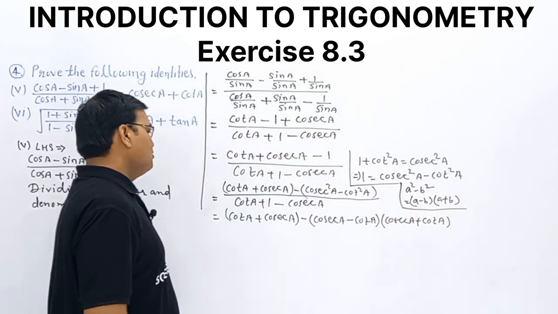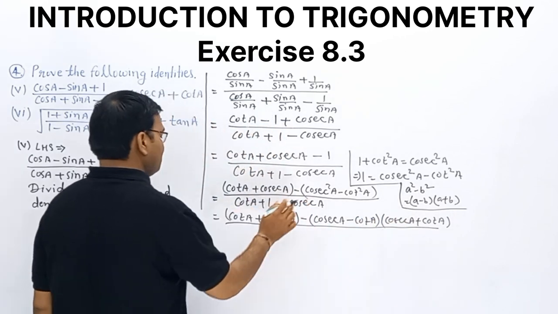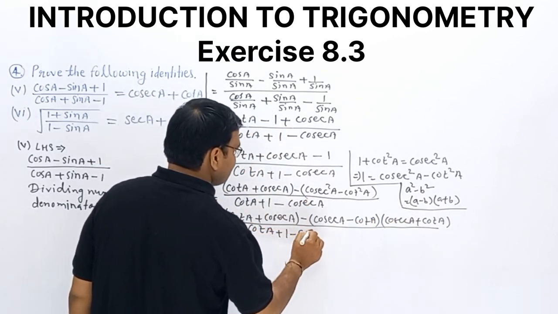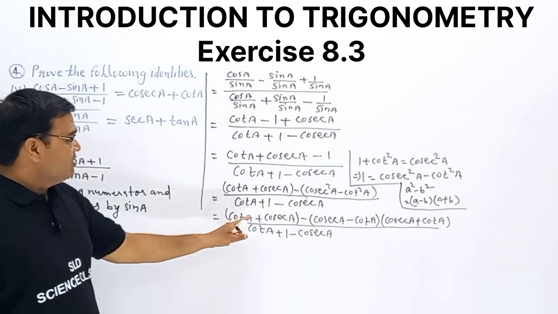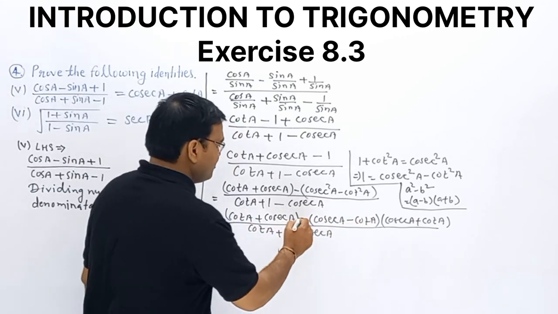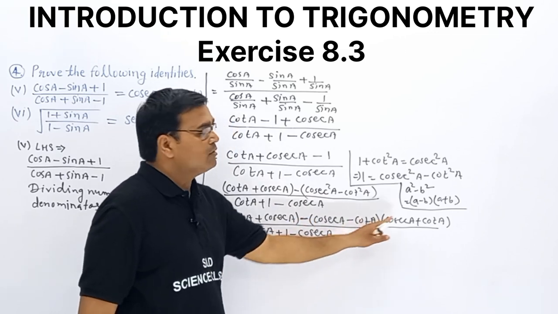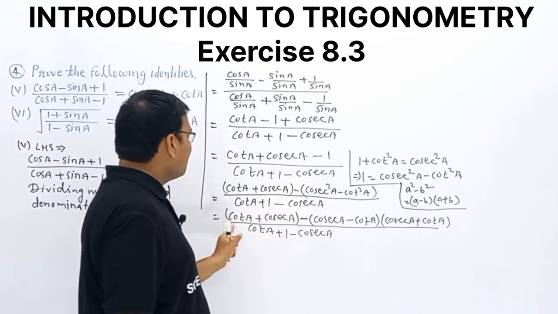Clear? Now in the denominator what we are having? Write as it is, cot A plus 1 minus cosec A. Clear? Now this term and this term, both terms are separated by minus. This is product form, so this is one term and this is another term.